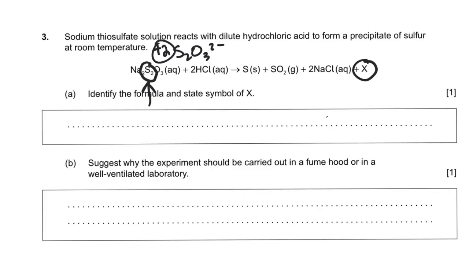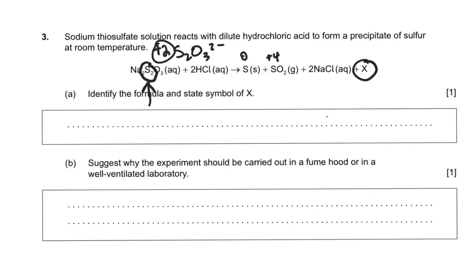Now if we look at the other side of the equation, this sulfur, it's by itself, so it's going to be 0. And then this sulfur, if it's up with 2 oxygens, each oxygen is -2, then this sulfur is going to be +4. So you can see that sulfur is oxidized and reduced in this reaction.